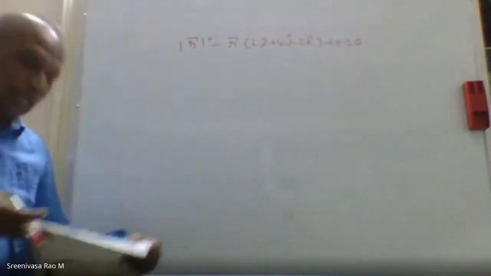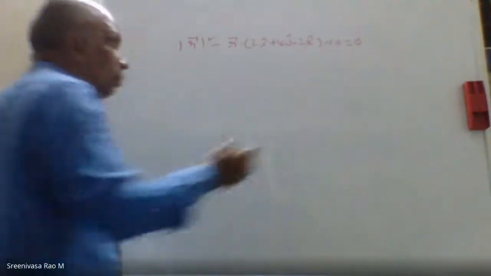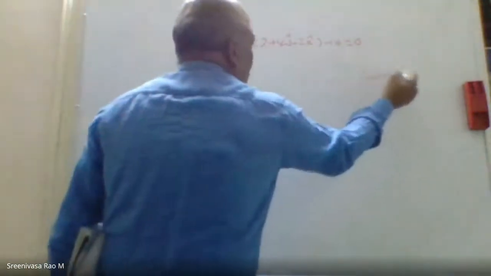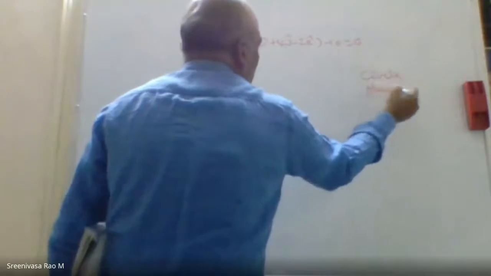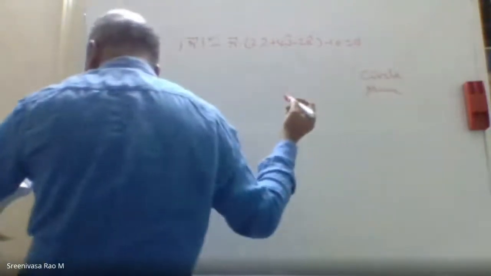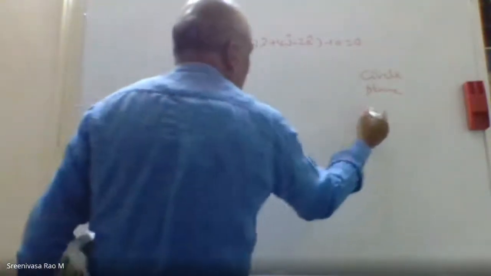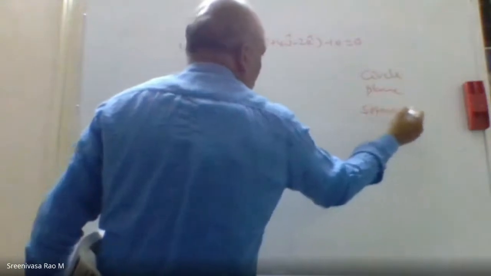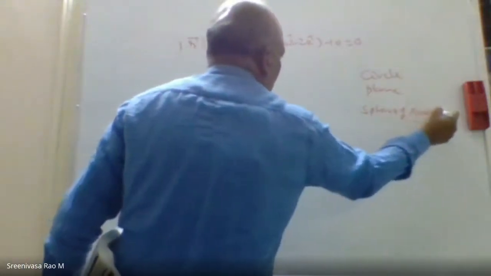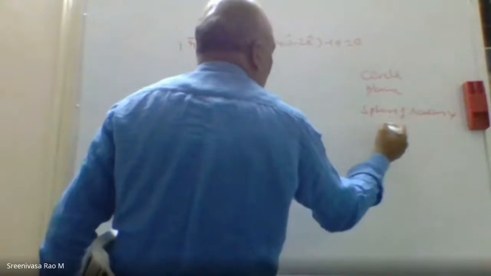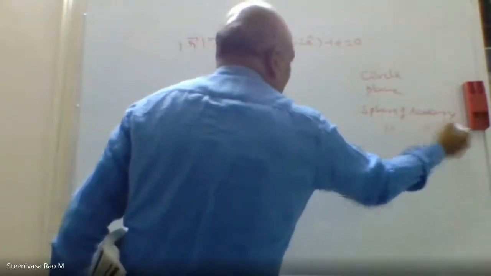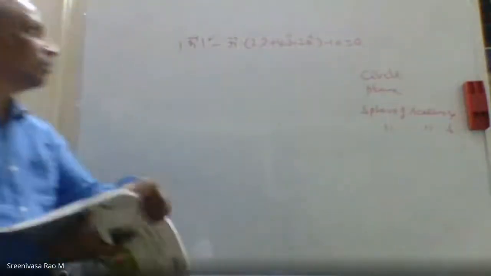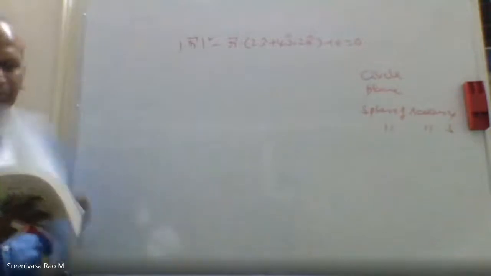They have given this. It represents a circle, a plane, a sphere of radius 4, or a sphere of radius 3. So that is the given equation.